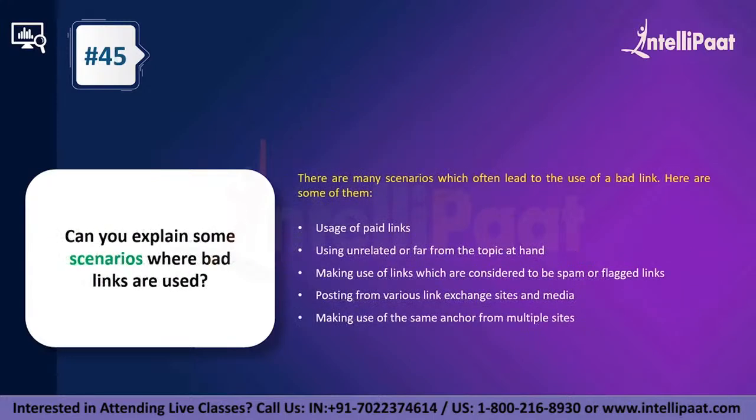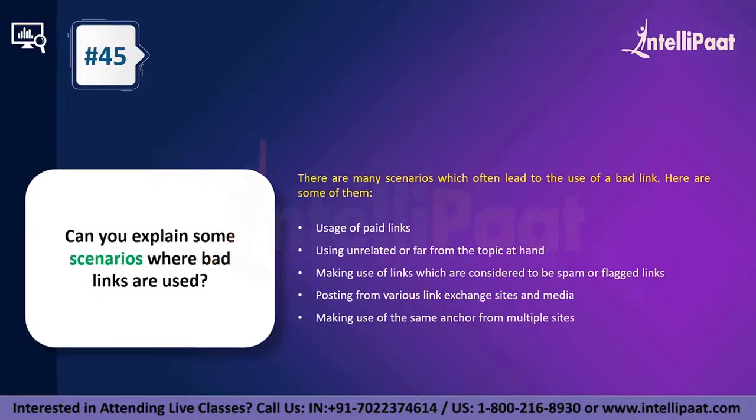Coming to question number 45, it states, can you explain some scenarios where bad links are used? See, there are a lot of unethical things sometimes involved in making use of bad links. There are many scenarios that lead to it. For example, you'll be using paid links, or links which are unrelated or very far away from the topic. That's not good. You'll be making use of links that are either spammy or flagged by the search engine, saying this is not right, you're not supposed to use it.